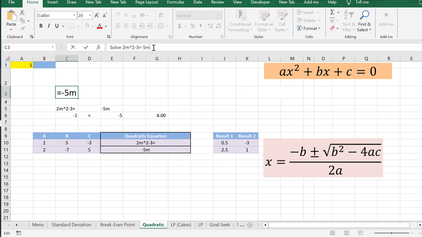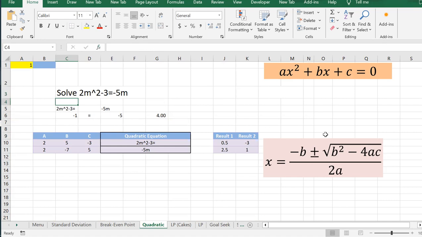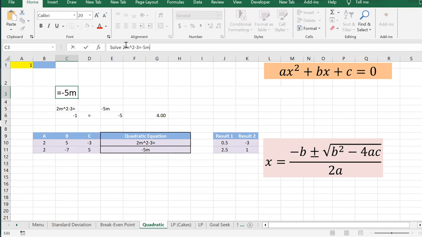You can easily understand it because the quadratic equation is simply ax square plus bx plus c is equal to 0. So you would say that there is no equal to 0, but okay, bring it here and make it 0, right? You can rewrite this problem as this equation by bringing this minus 5, replacing it with 0, and bringing the minus 5 in here.